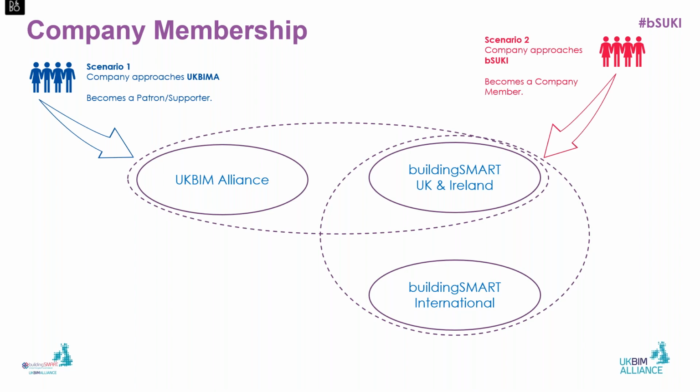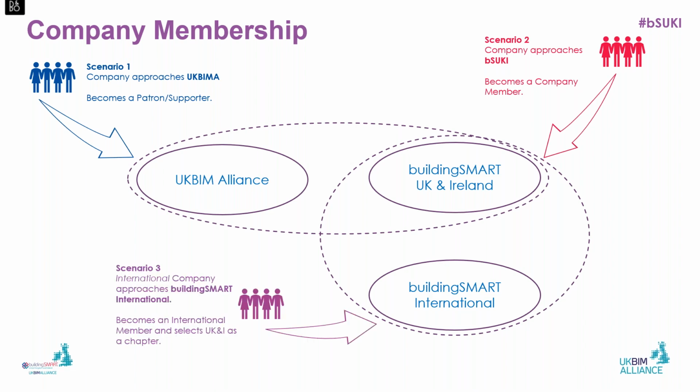Scenario 2 is a company approaches Building Smart UK and Ireland and becomes a company member. Now, obviously, they also have access then to becoming part of the Alliance and contributing to that and joining in all the events that we do. But then we've got the third scenario where an international company approaches Building Smart International and they become what they call a multinational member, and they will select, hopefully, the UK and Ireland chapter as one of their 5 global chapters that they can join and integrate with.